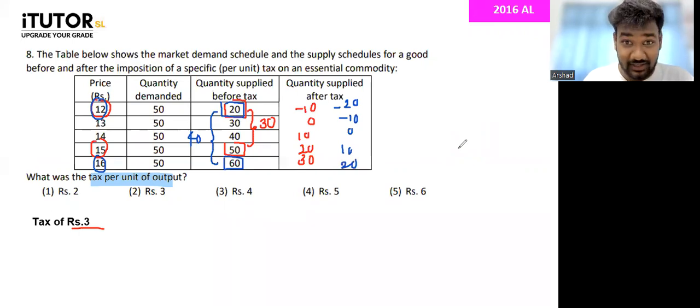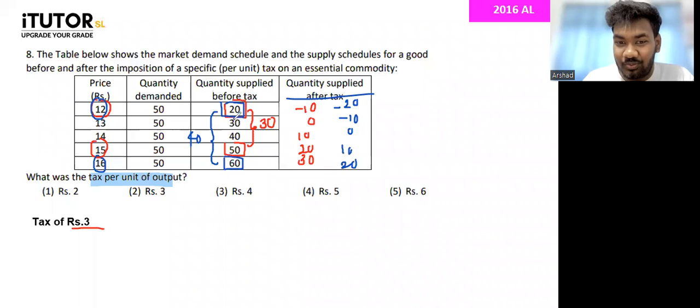Okay, now in this question, you have to work backwards. They have given you the quantity supplied after, and they're asking you to find the tax. So let's see how many of you can figure this out. We'll just go with the blue ones. So we are working backwards.